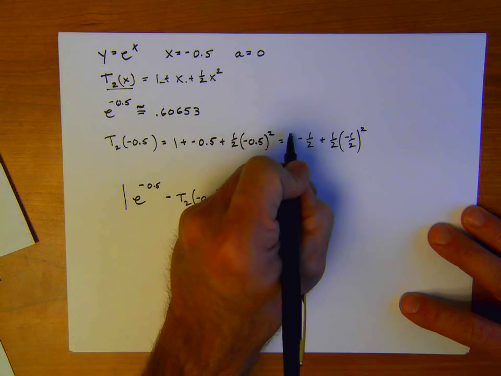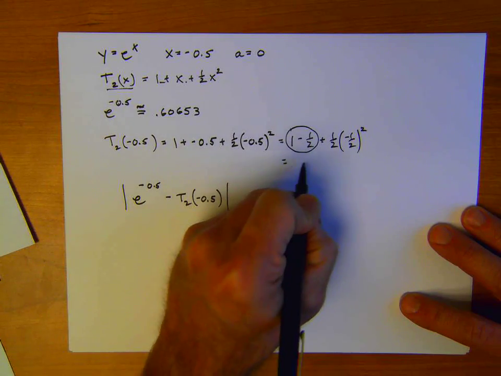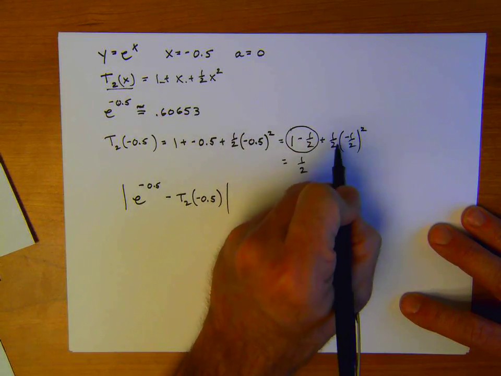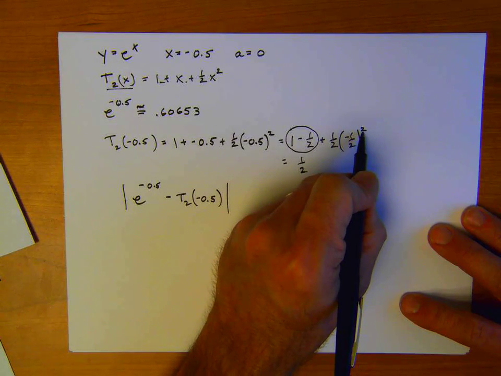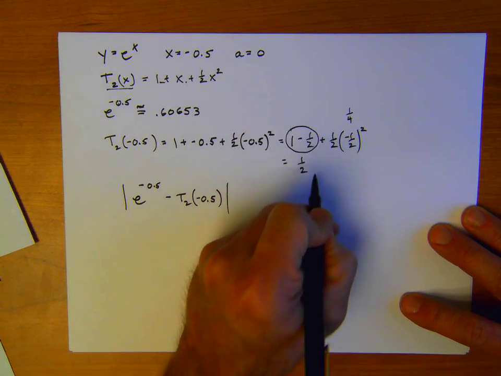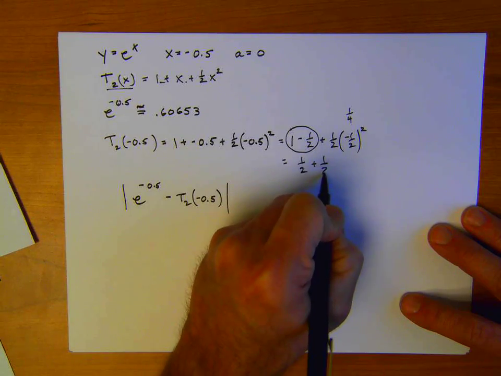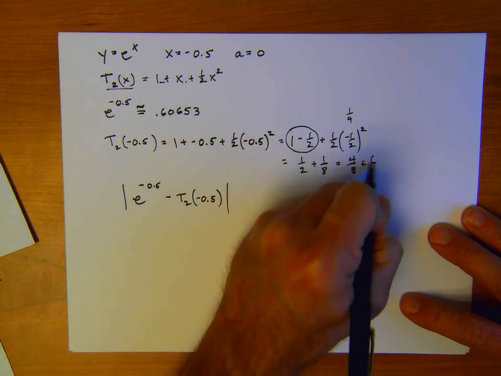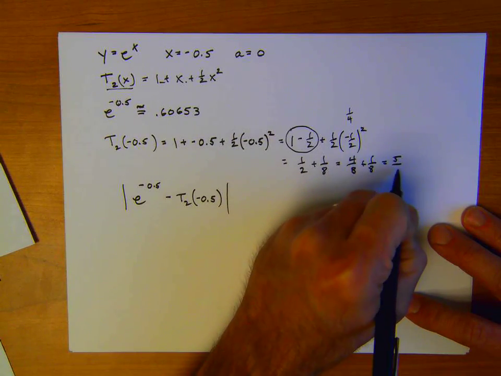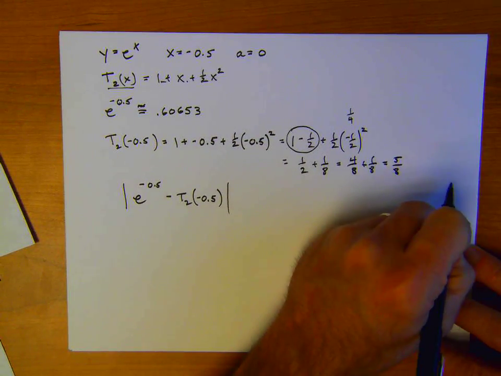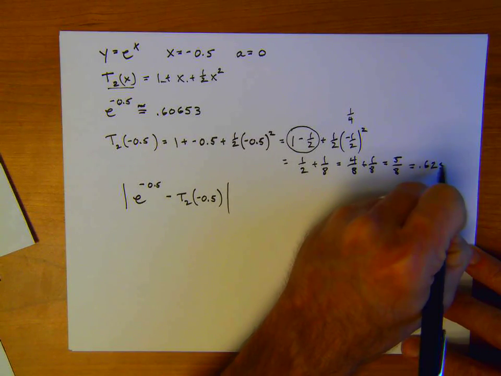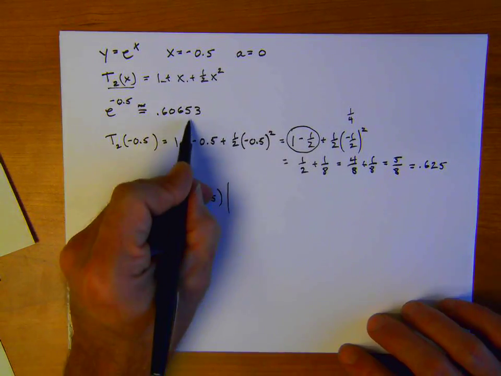Well, this is just 1/2. 1/2 squared is 1/4. So this is 1/4 times 1/2. So it's 1/2 plus 1/8, which is 4/8 plus 1/8. That's 5/8, which as a decimal gives us 0.625.